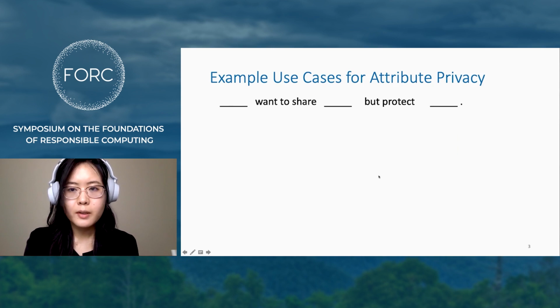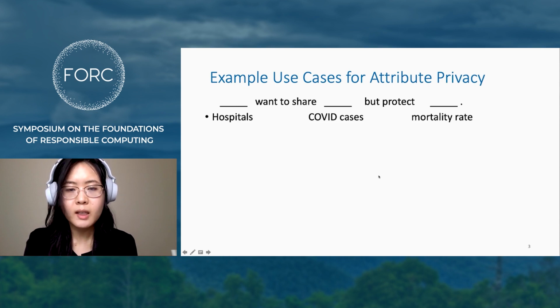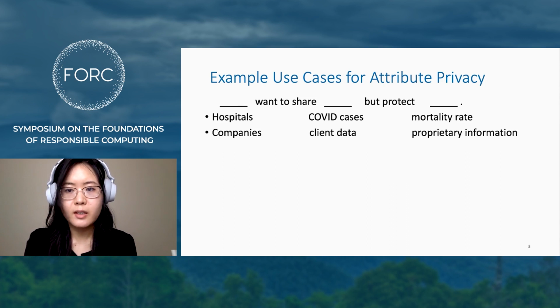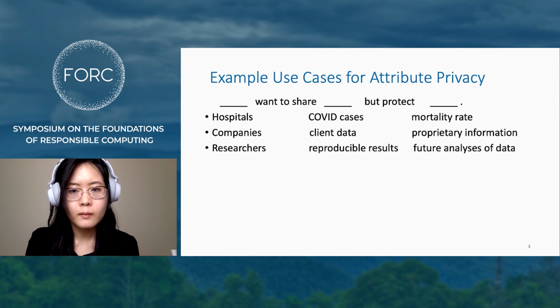There are a few other use cases for attribute privacy. For example, hospitals want to share the number of COVID cases with federal health agencies, but want to protect mortality rates that may affect future funding opportunities. Companies want to share client data, for example, for standardization, but want to protect proprietary information.